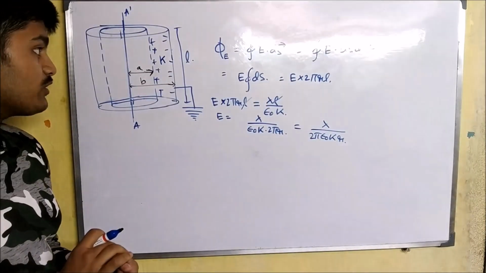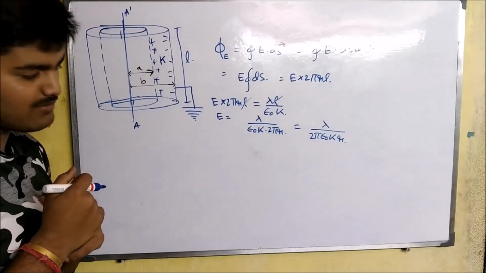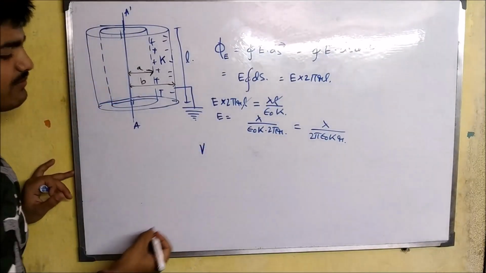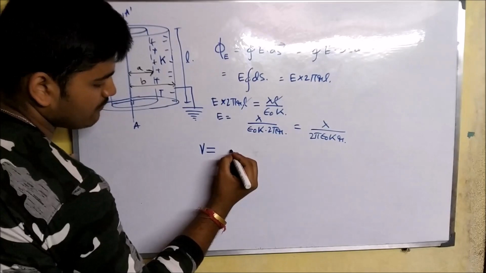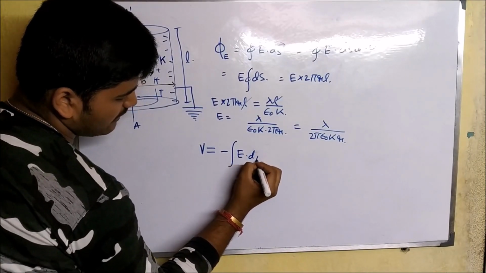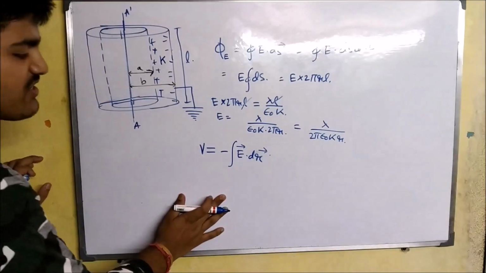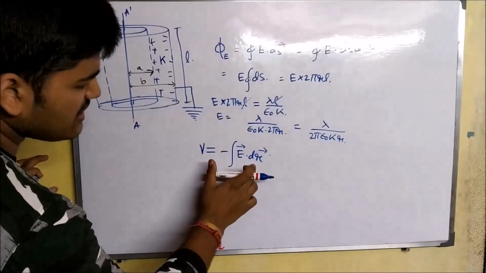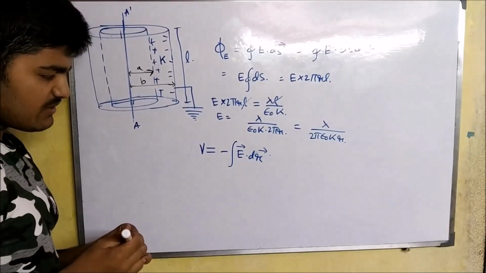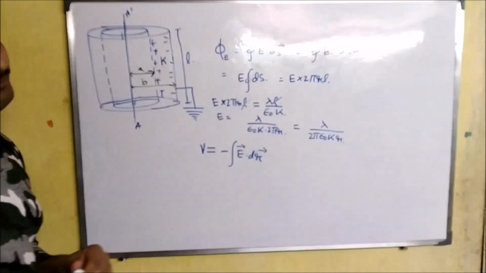Now according to Coulomb's law and its derivatives, we know that this potential difference V equals negative integral of E dot dr, where E is the electric field intensity at that point, and dr is the distance from where the charge was previously located to the present point.